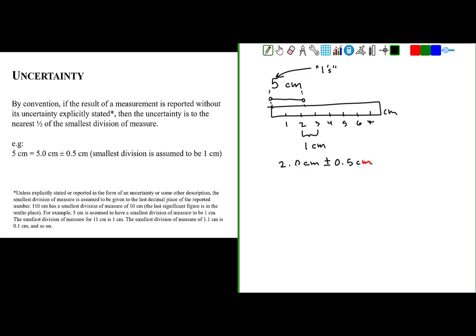And for me, it looks like it's closer to 2 centimeters in length than it is to 2.5 centimeters in length. So we could follow the rules of significant figures.